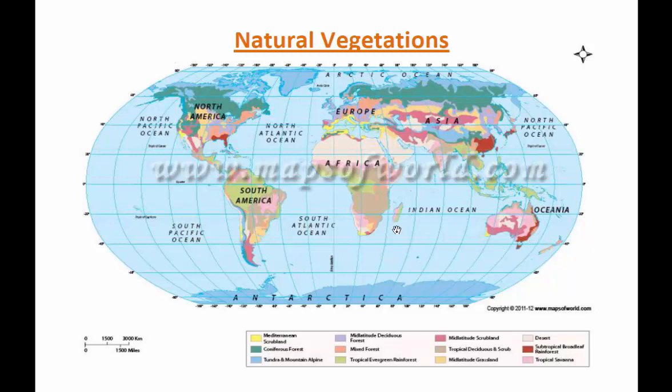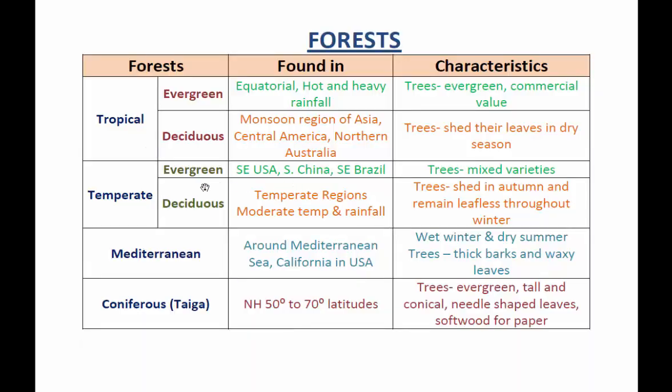The next one is temperate evergreen forests. Temperate evergreen forests are also known as mixed forests because they have trees which are mixed with deciduous as well as the evergreen forest. So these type of forests are found in Southeast USA, South China, and Brazil.